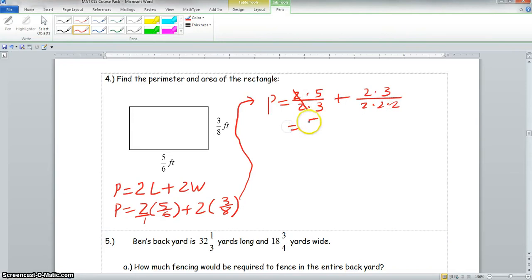These 2's simplify, and you have 5/3 plus, these 2's simplify, and you have 3/4. Now we have to find the common denominator of 3 and 4. Now we'll do the prime factorization. 3 is prime, and 4 breaks down to 2 times 2. So our LCD is 12, because it'll be 2 times 2 times 3.